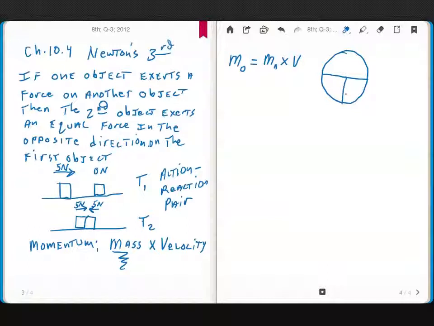Annie? Sophie? What would go on top? Good. Momentum on top, mass and velocity on bottom. Good. So that would be the circle formula to calculate momentum. Okay.